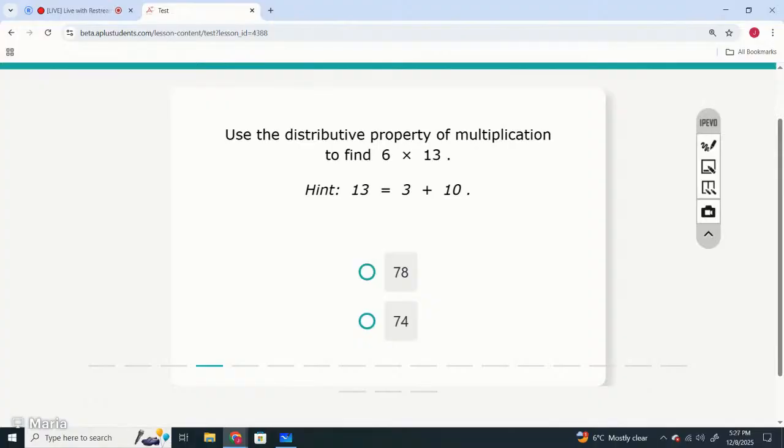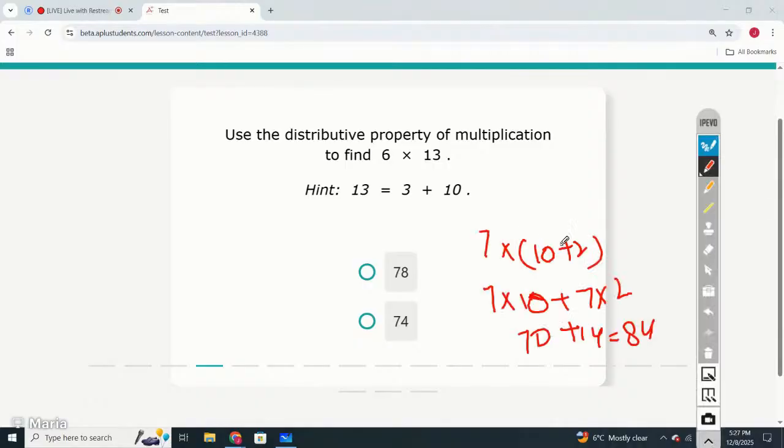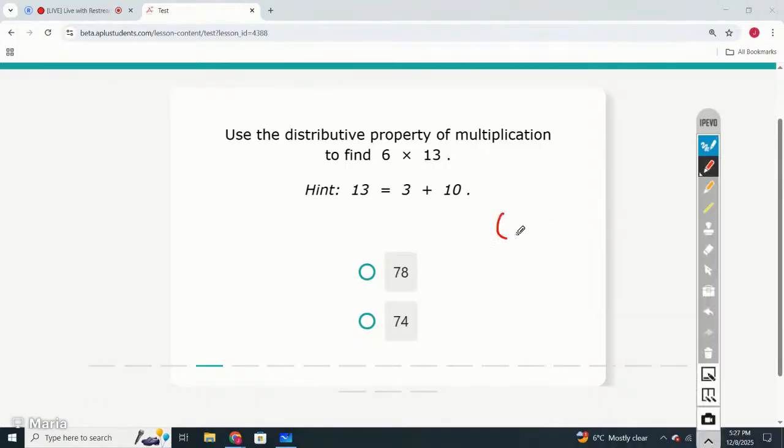Use the distributive property of multiplication to find 6 times 13. So we need to write 13 as 3 plus 10. So we have to do 6 times 3 and plus 6 times 10.